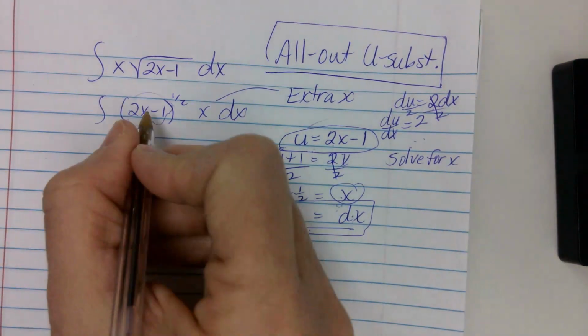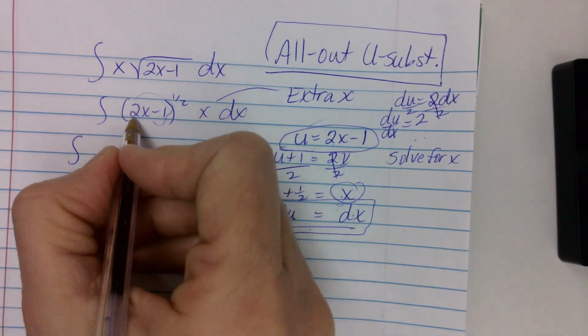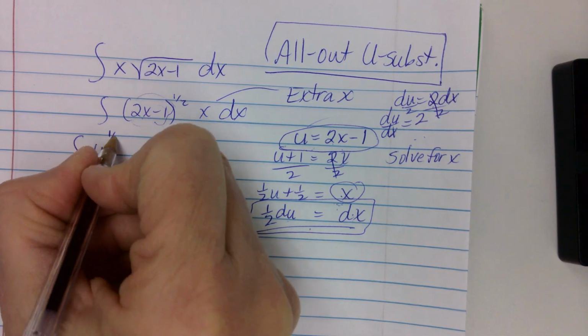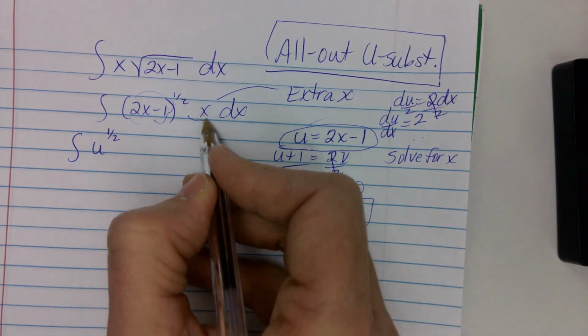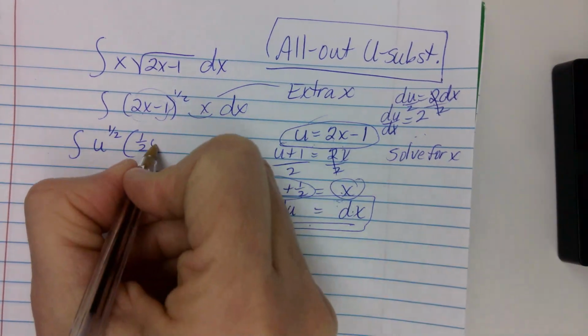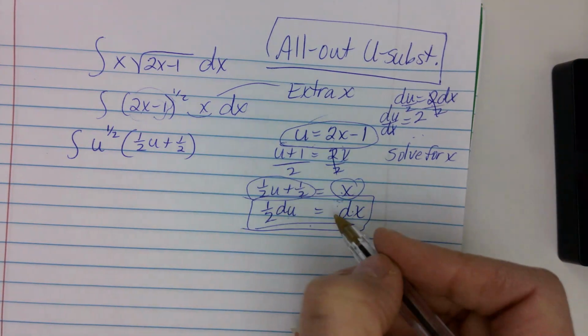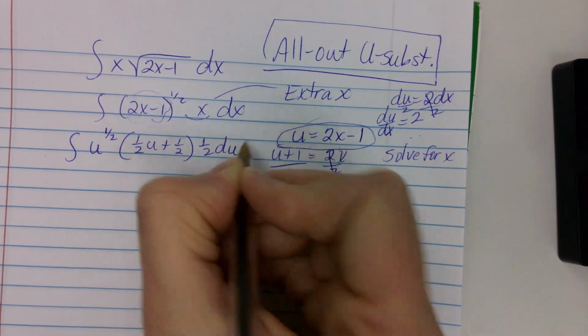All right, so now we're going to do an all-out U substitution. It was our u. Everybody agree? U to the 1/2. I solved for x, so I'm going to replace x with 1/2 u plus 1/2. Everybody agree? And the dx, I solved for it, and it is 1/2 du.